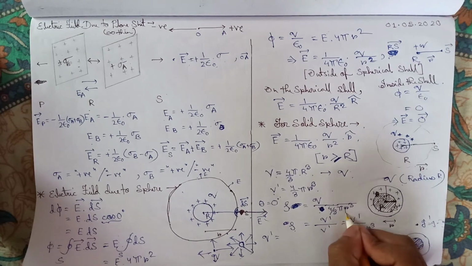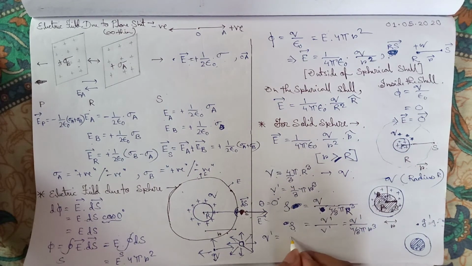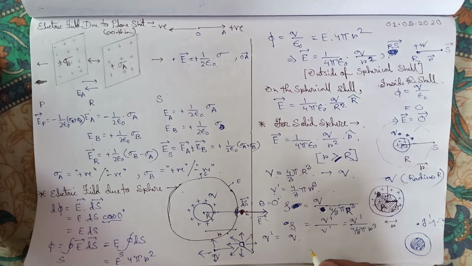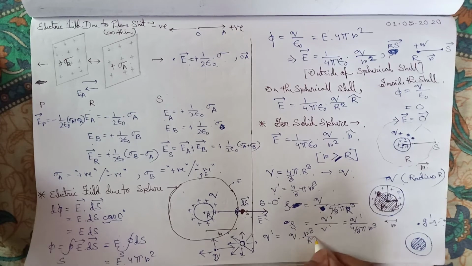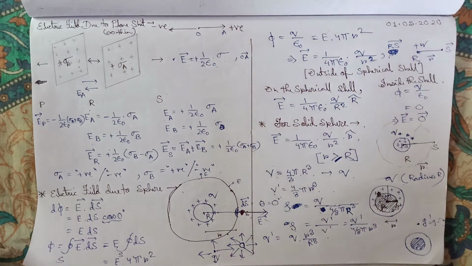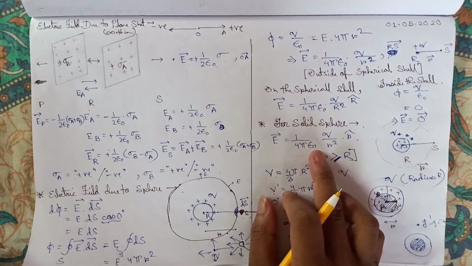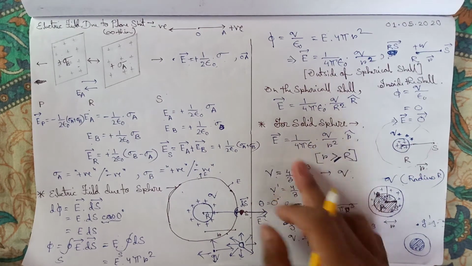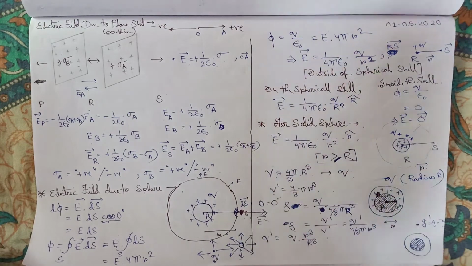From those two equations, we find Q dash will be Q into r cube by R cube, right? Q into r cube. So just put this Q in this equation.